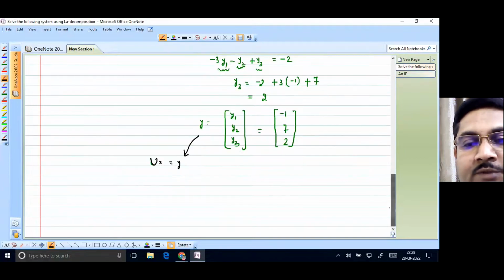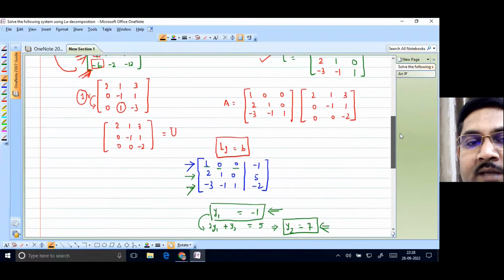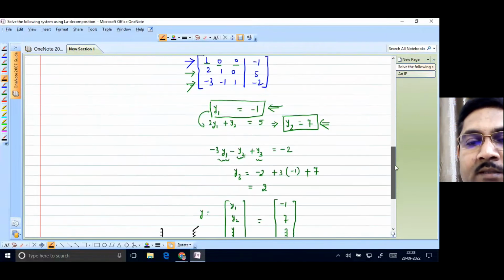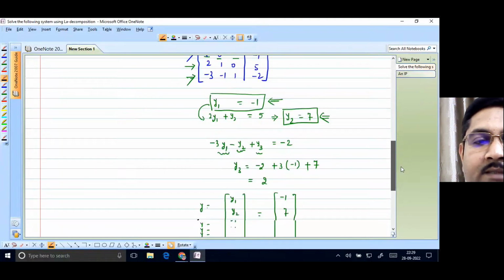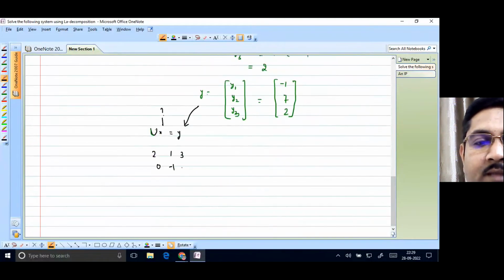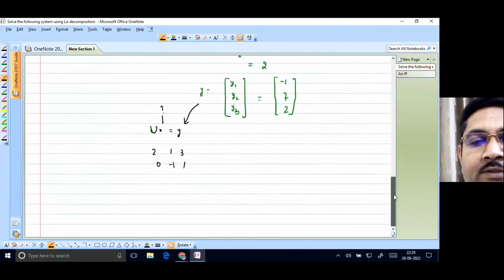So I will substitute its value and find x, because x is unknown here. First of all, I will see what my U is. U is 2 1 3, 0 minus 1 1, and finally 0 0 minus 2.